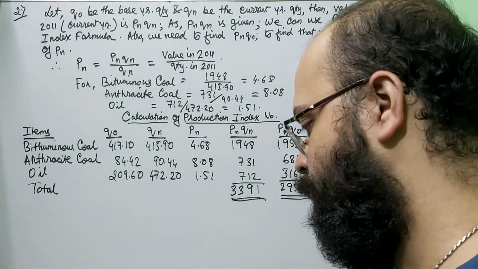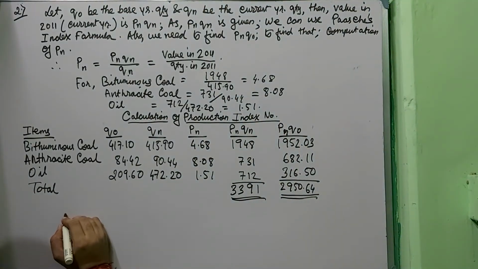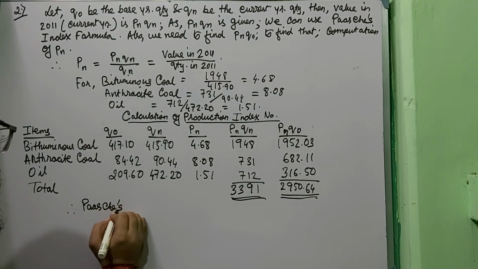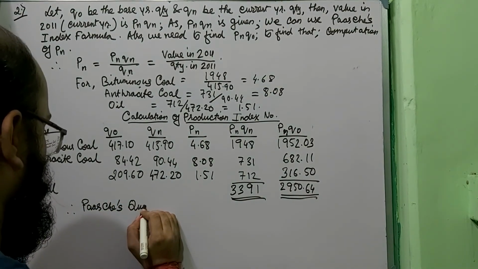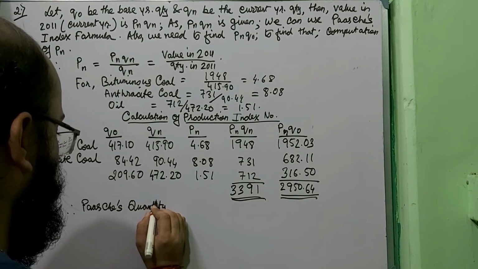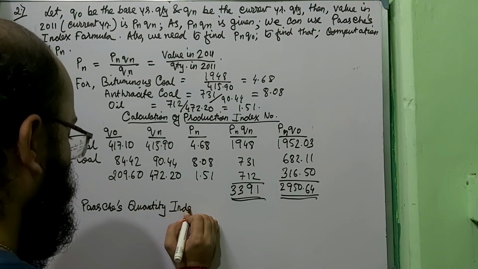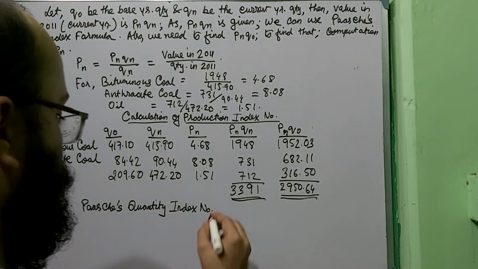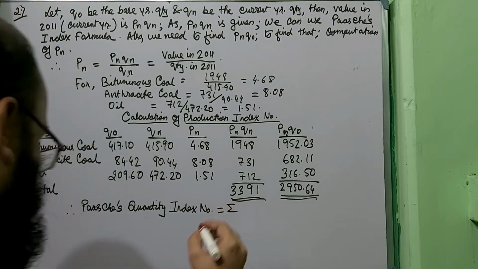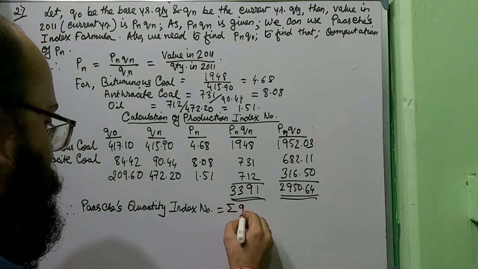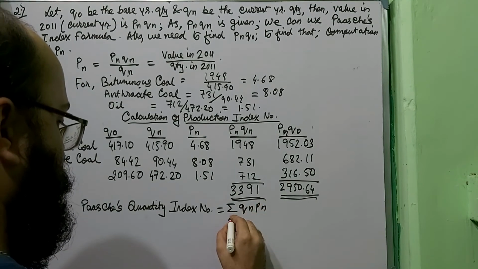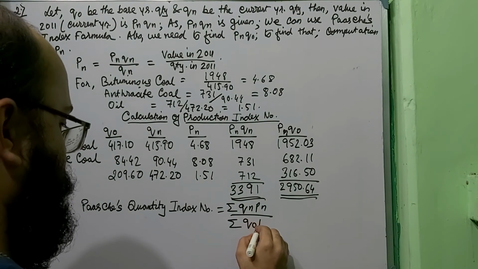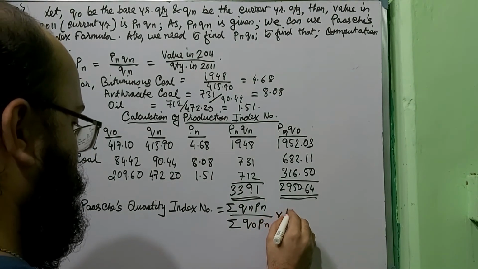Okay. So quantity index formula, therefore Paasche's quantity index number is equal to summation of QnPn by summation of Q0Pn into 100.